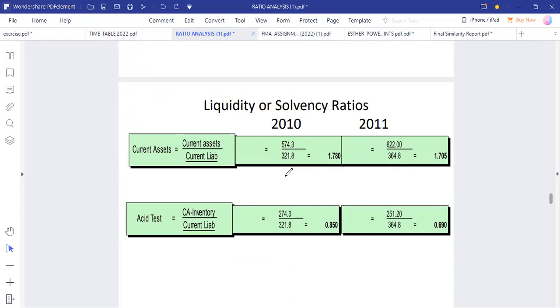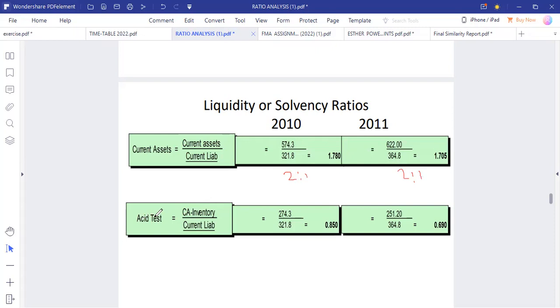So the market ratio here, we said ideally supposed to be 2 to 1. Both of them were below the market benchmark, but they're all performing well as long as the current assets are more than the current liabilities, except that the performance was higher in 2010 than it was in 2011.